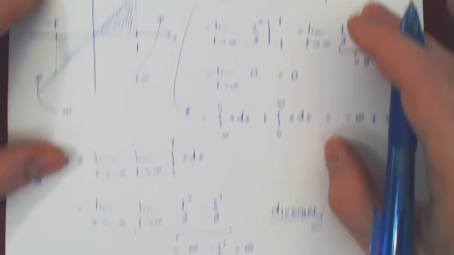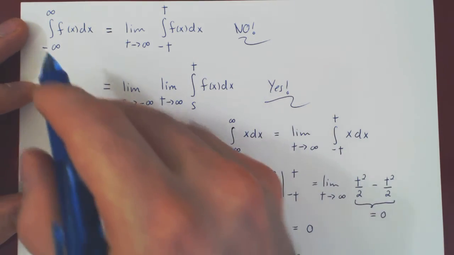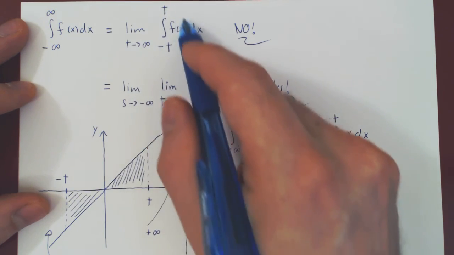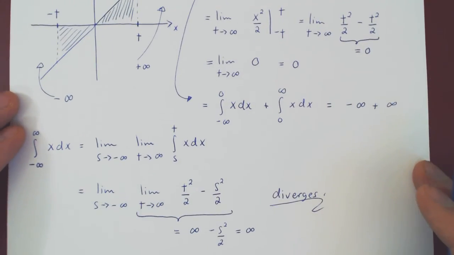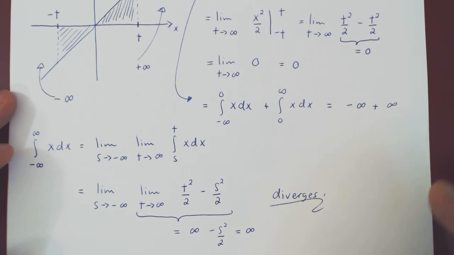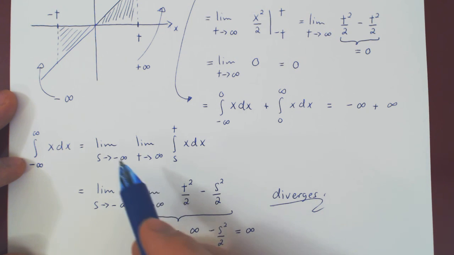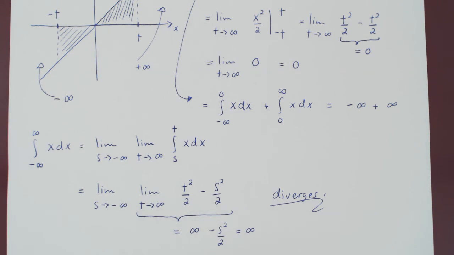And that's the reason why we have to go with this way of breaking down this type of improper integral instead of the symmetric way of doing it. Now, if both limits would give you something that would exist, then the improper integral would converge. And that's it.